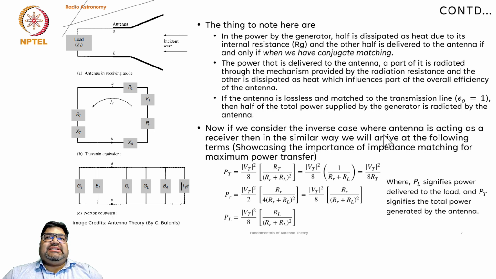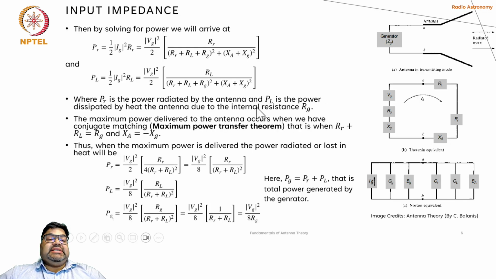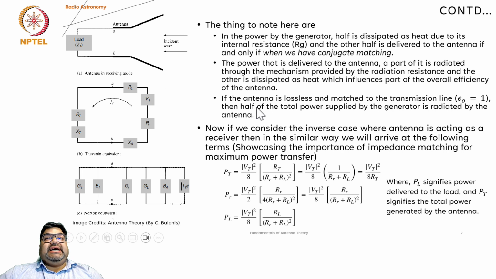So it's not a generator; it's a receiver, and the receiver impedance has to be matched with the antenna impedance. Otherwise, some amount of signal will be reflected back, and we do not want that either. So this particular analysis is extremely important while designing an antenna, whether in a transmit mode or a receive mode.